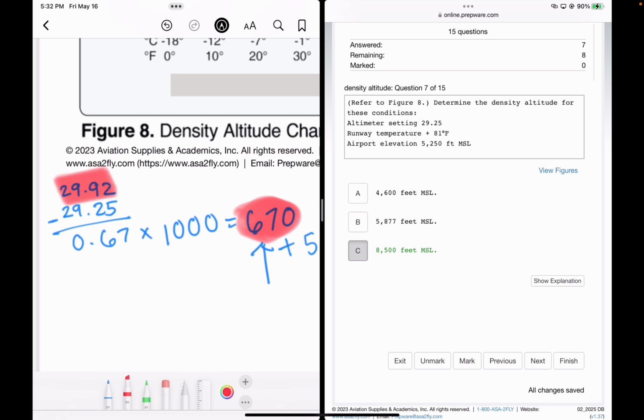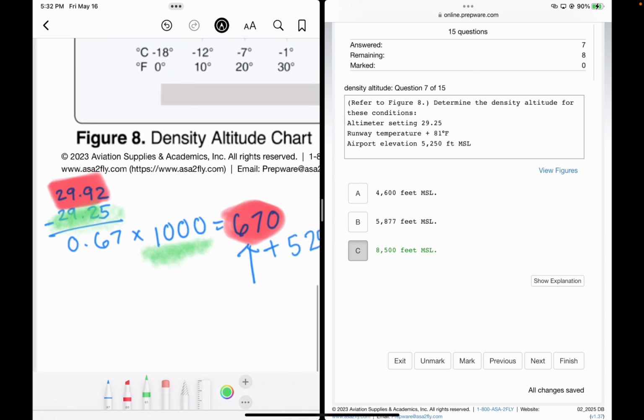You take the standard. Okay, this is a number you have to memorize for the rest of your life. Then you take the number they give you, the 29.25, and then you multiply that by 1,000.